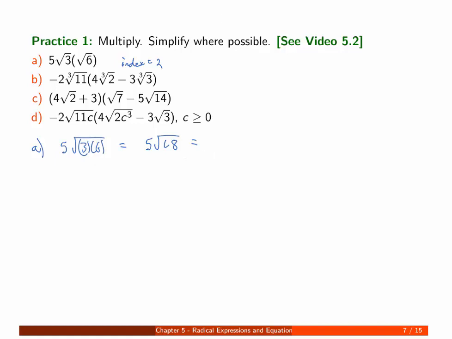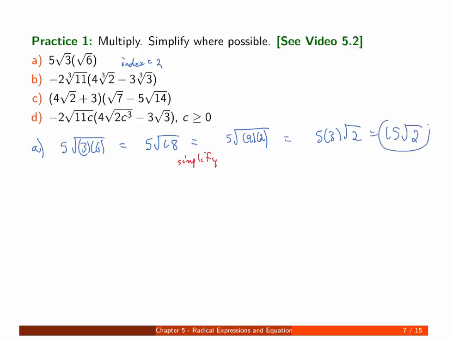Now we're going to do our simplification step. I can see that 18 is 9 times 2. So really we have 5 times 9 times 2 under the square root sign, which will be equal to 5 times 3 root 2, which is equal to 15 root 2.